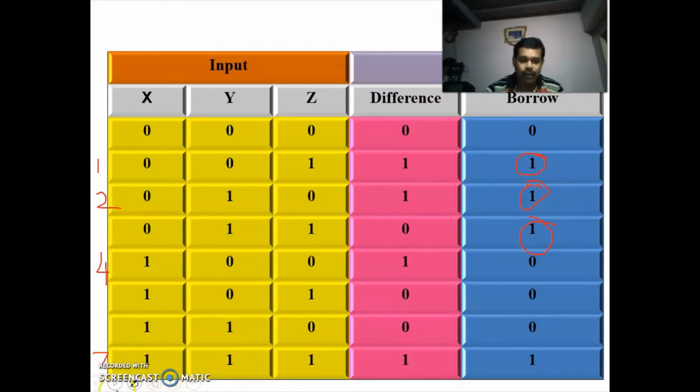So we have to draw two three variable K maps, and you have to plot the corresponding ones for difference and borrow. We have to group and find the expression.